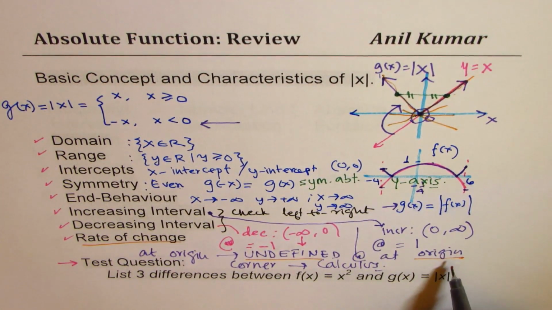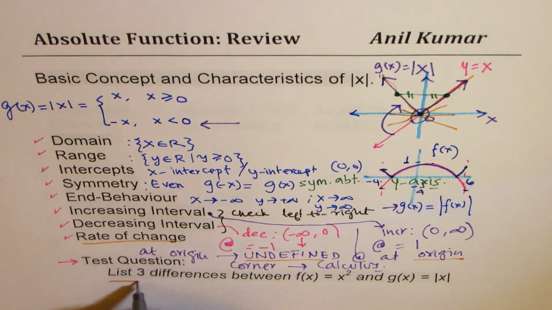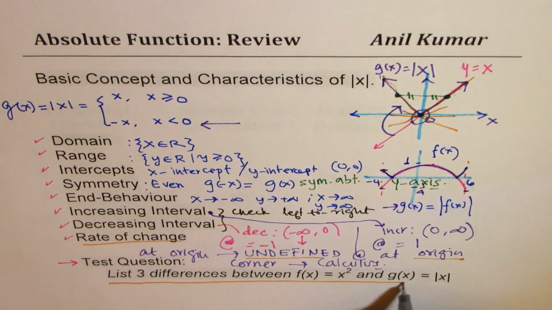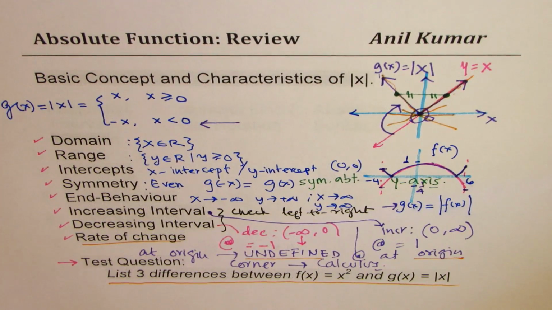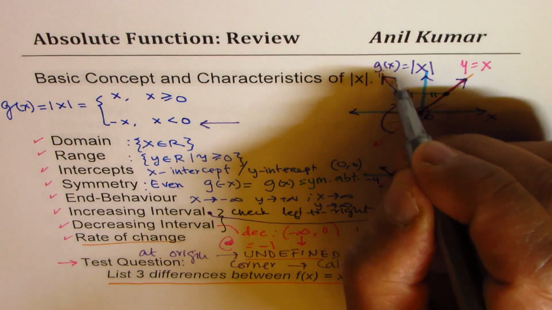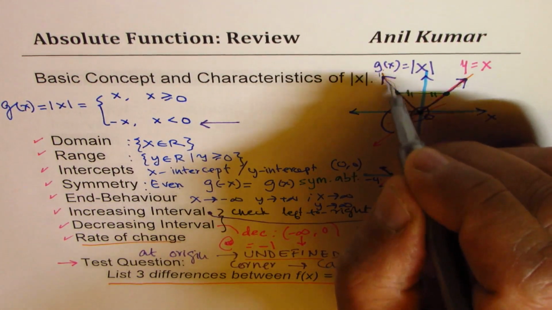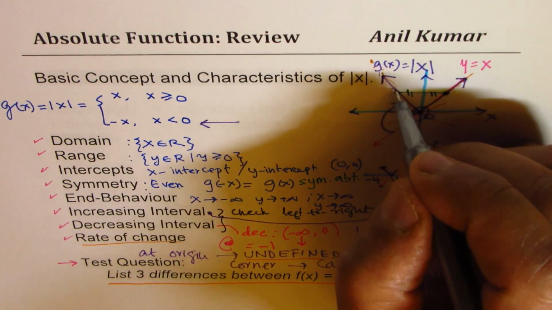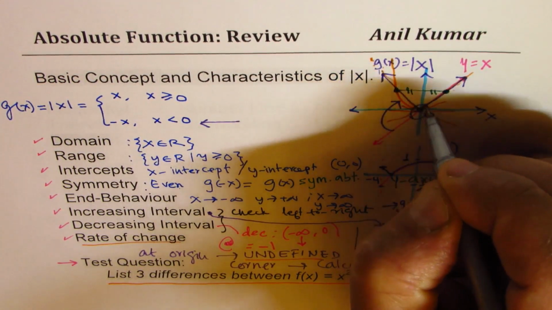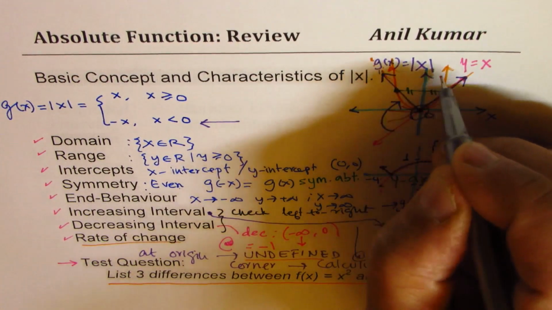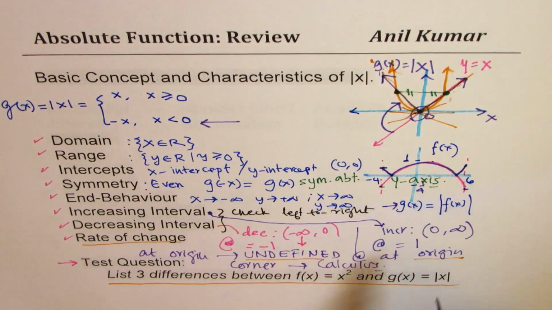You can go through this concept once again, right? Now with this, we come to our critical question. List three differences between a parabola and the absolute function. A parabola looks kind of like this. Not so good, but still.